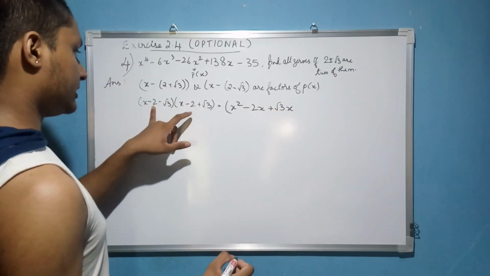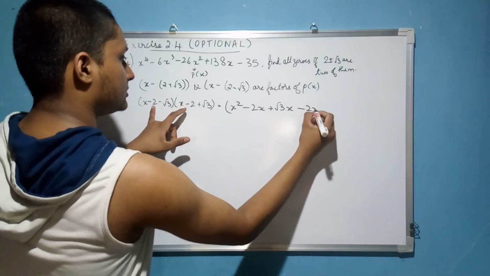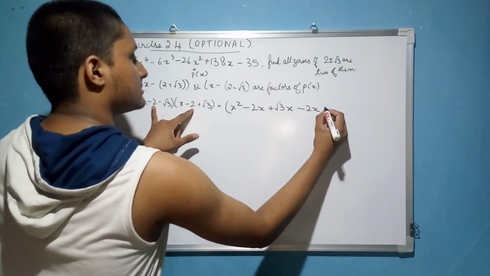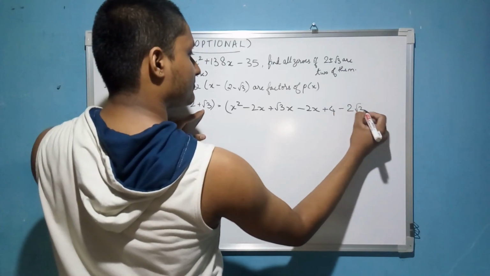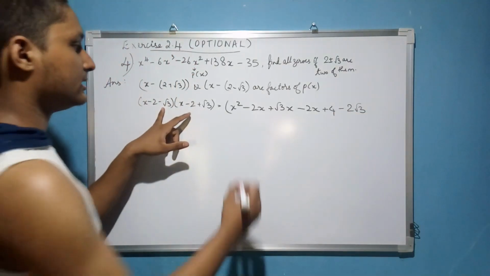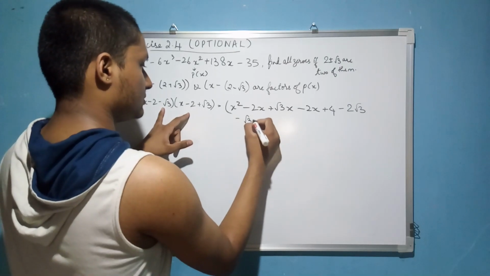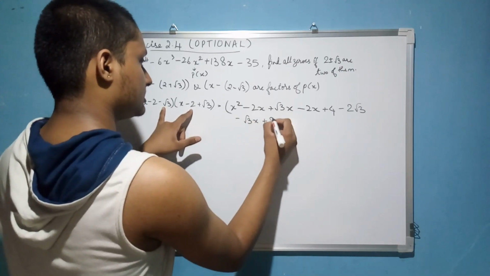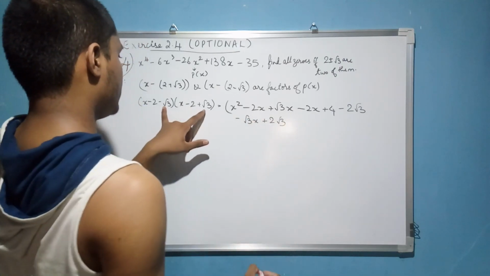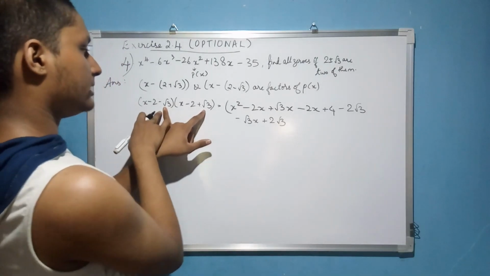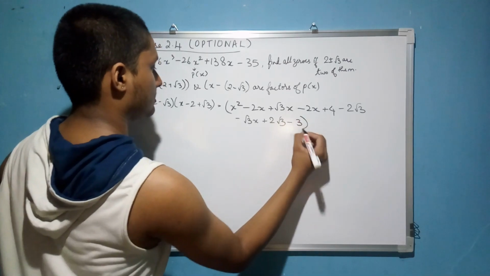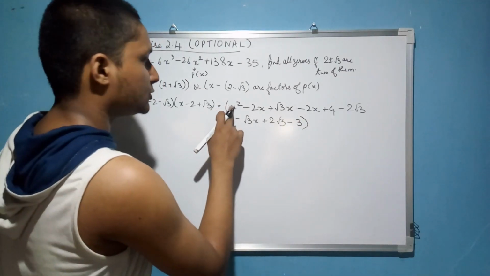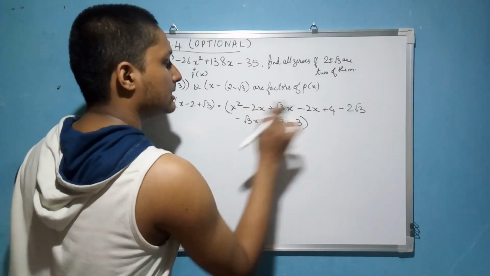Then moving on to this minus 2, again one minus 2x plus 4 minus 2 root 3. Then you have minus root 3 into x, minus root 3 x plus 2 root 3, and you have minus root 3 into plus root 3, that is minus 3. This many terms are over, so 9 terms should be there. 1, 2, 3, 4, 5, 6, 7, 8, 9.